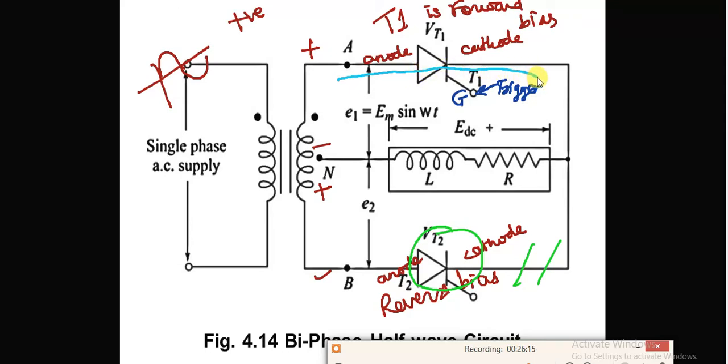As the SCR is triggered, it will conduct. It will start from this R, then go through the inductor and come back. So this is the direction of the current flow. Why will the current not flow through SCR T2? It is reverse biased. That's why.